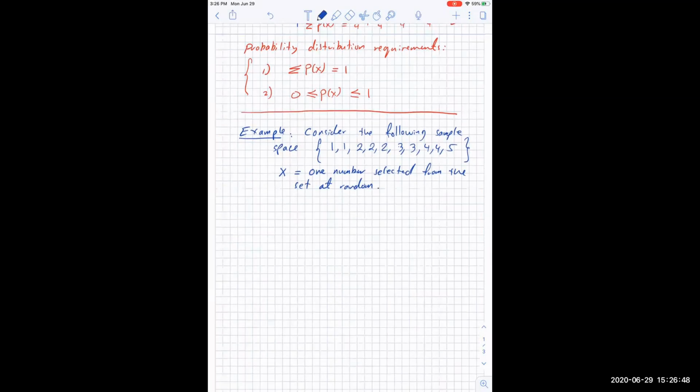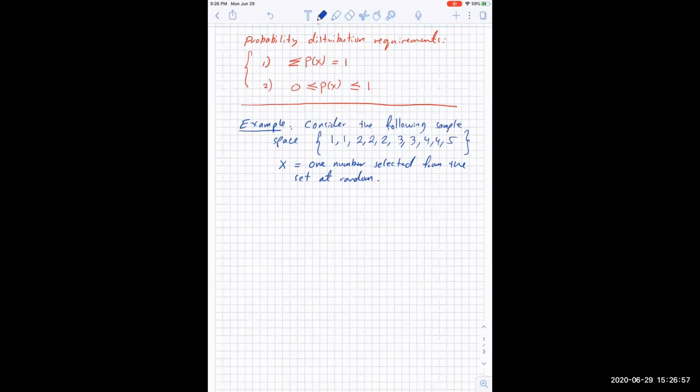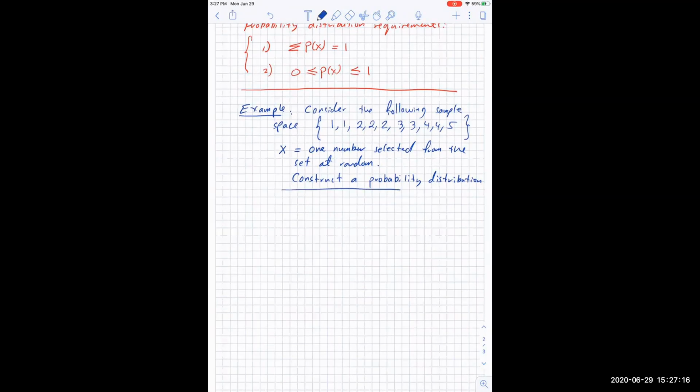One random selection from this set. Construct a probability distribution. That's our goal.